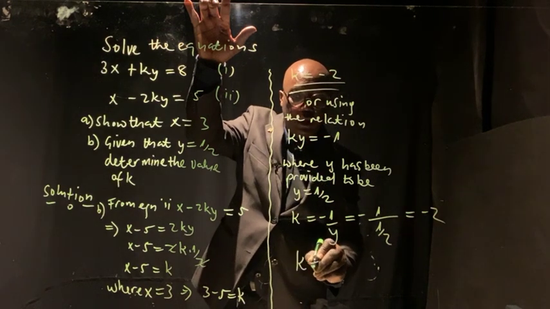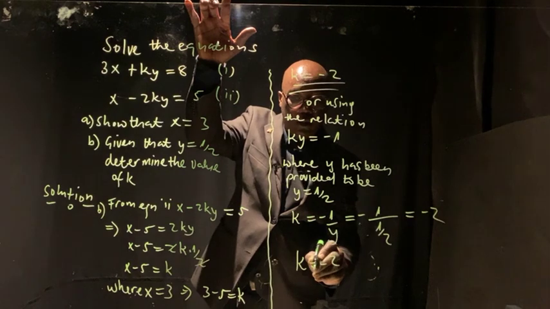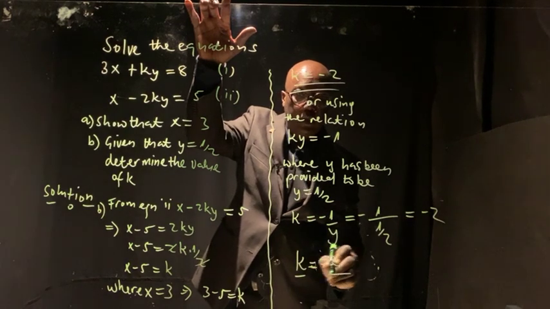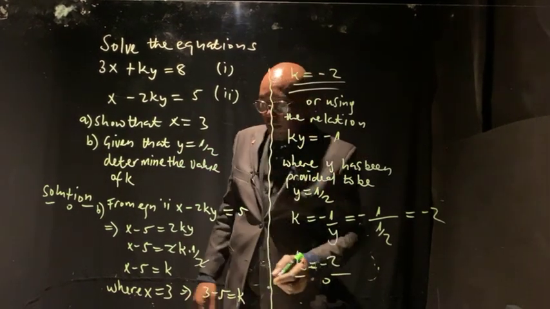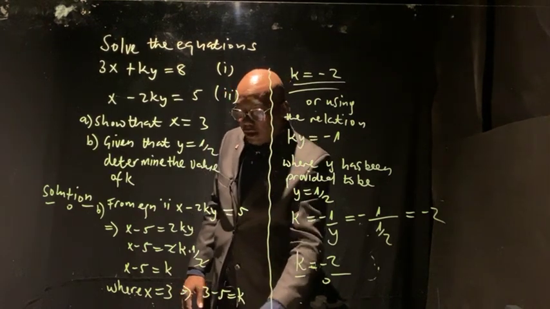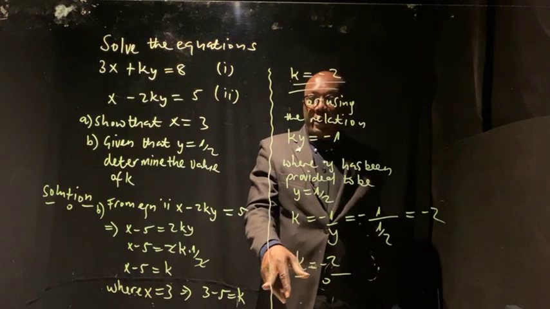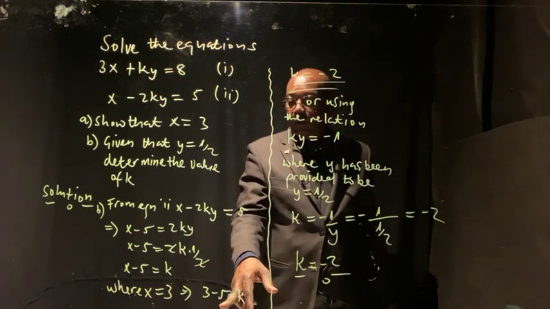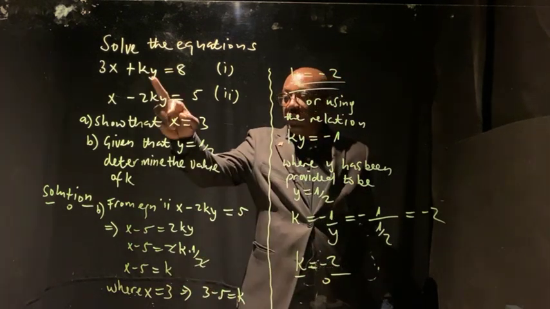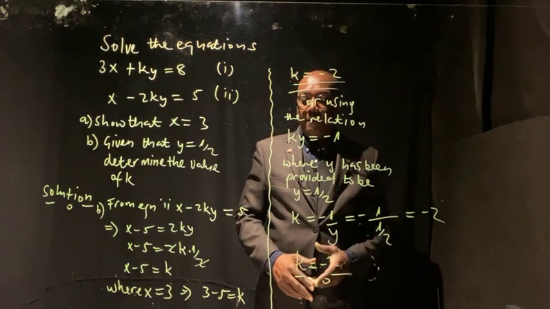Therefore, k equals minus 2. Exactly as we had here. So whichever way we go, we can still have the same answer.